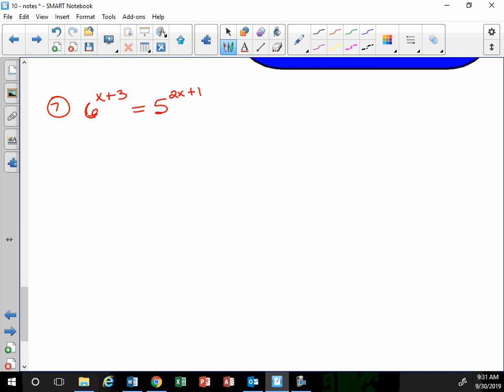Okay, so first, always look, can I make my bases match? No, okay. I'm gonna do natural log of both sides.